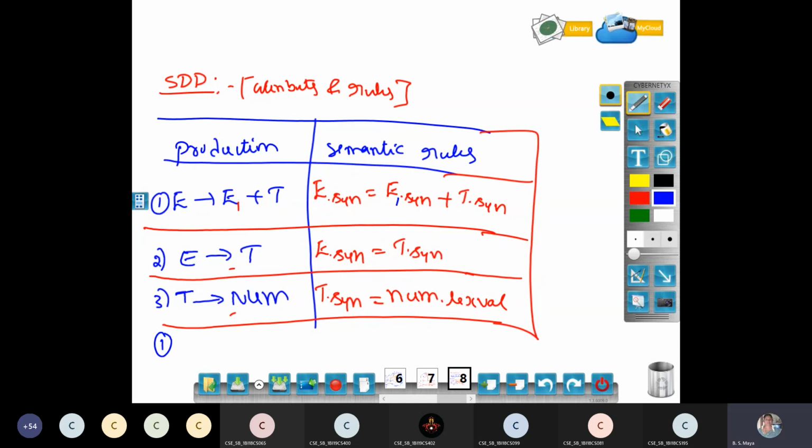You can take another type of question. Second one: assuming a suitable STD, construct an annotated tree for the expression a minus 4 plus c.